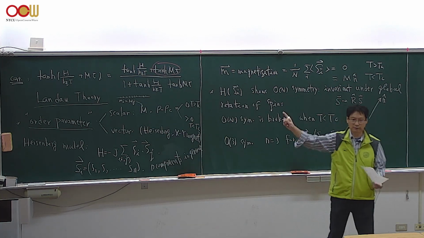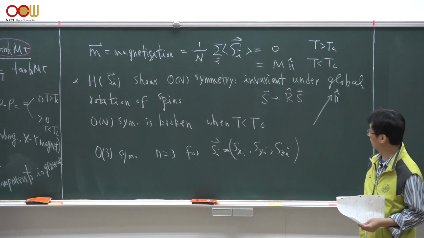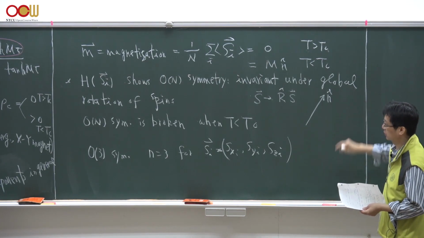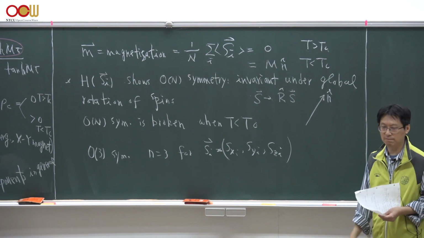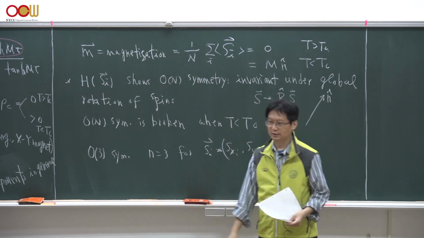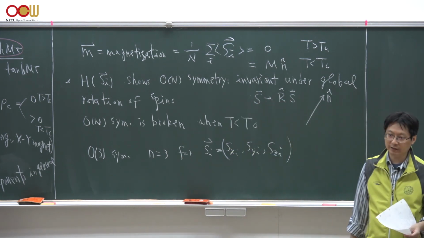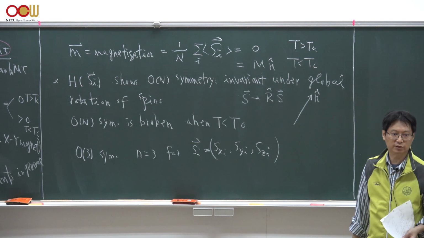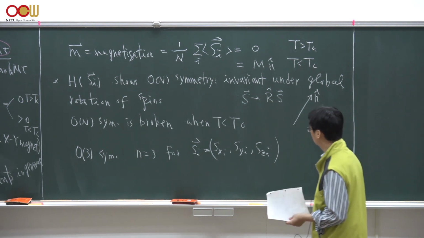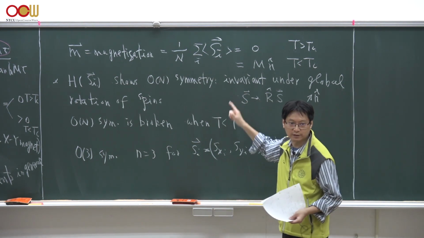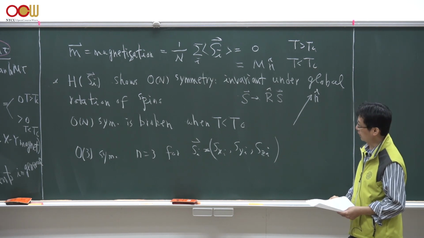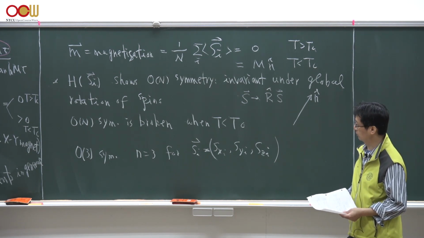So when all the spin vectors are under a global rotation by an angle theta, everybody is rotated by the same angle, then Si dot Sj is still the same, right? You could show that mathematically: under a spin rotation, the Heisenberg Hamiltonian is still invariant.